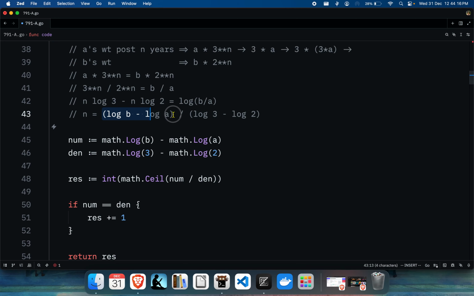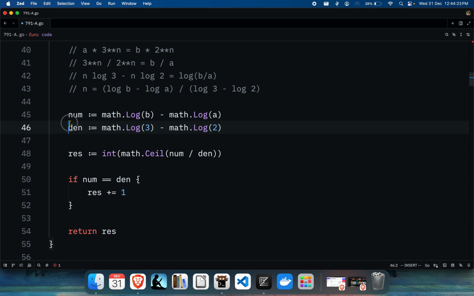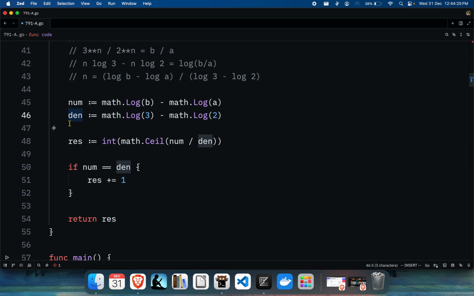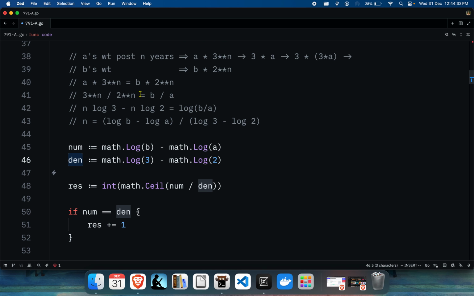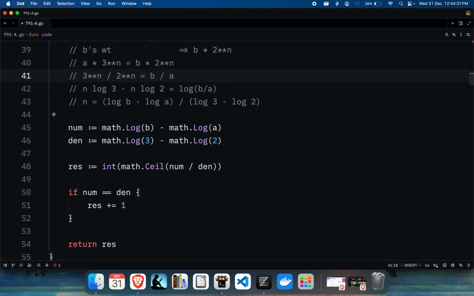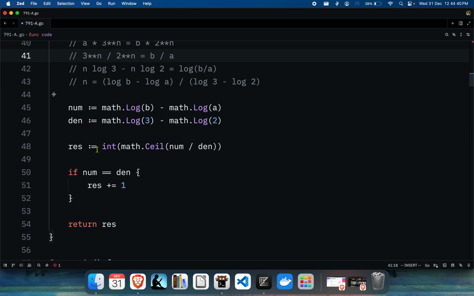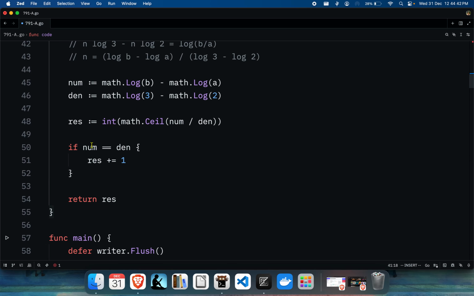The equation has two parts, numerator and denominator. I want to divide them, and I want a ceiling value, that's the maximum value, because we want a strictly greater weight. Now we got a result.